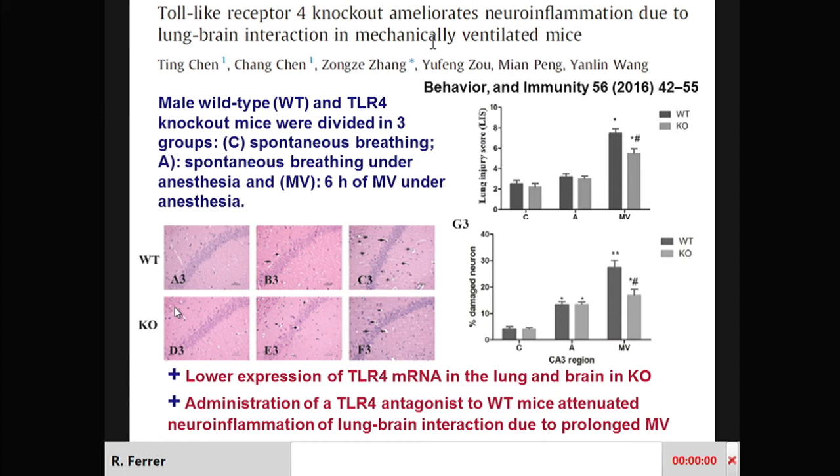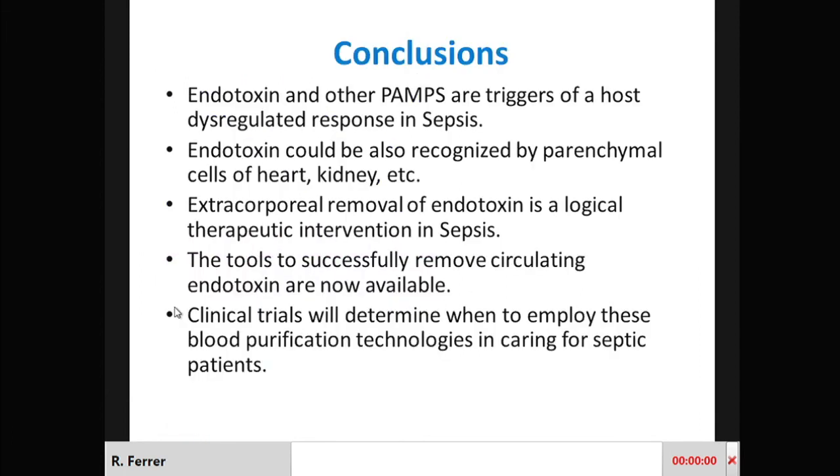So again, it seems that endotoxin and inflammatory mediators, in this case in rats ventilated with different ventilator modes, when you look at the inflammation in the lung and in the brain, if you have knockout mice for toll-like receptor 4, or you are able to block toll-like receptor 4, this crosstalk between the brain and the lung can be prevented in this way.